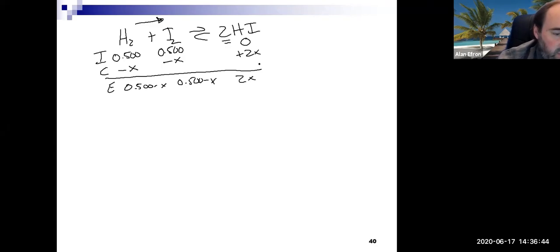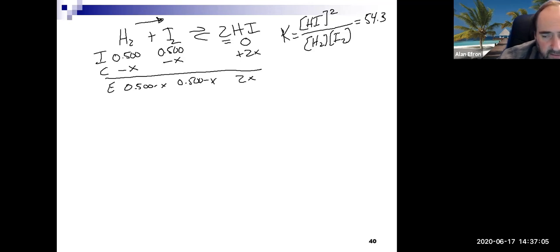Here we do need the equilibrium expression. So K would be our HI squared divided by our H2 and our I2, and that equals 54.3, I think, from the other slide. If you do have questions, feel free to ask them in the chat.